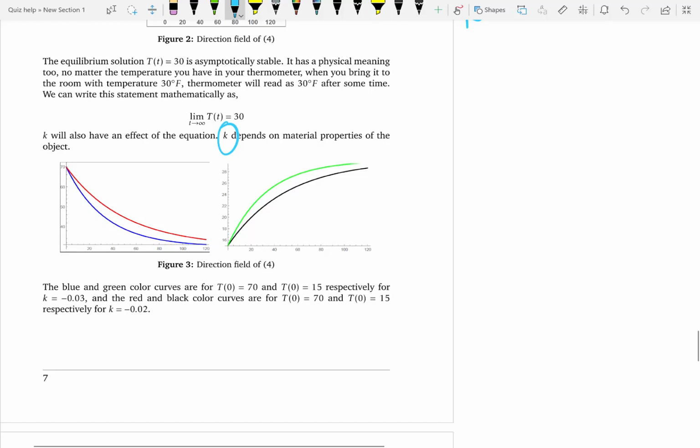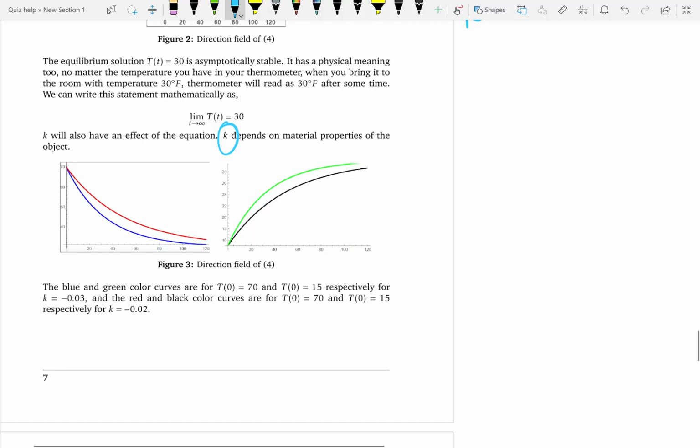Now, this does not obey Newton's cooling law, right?